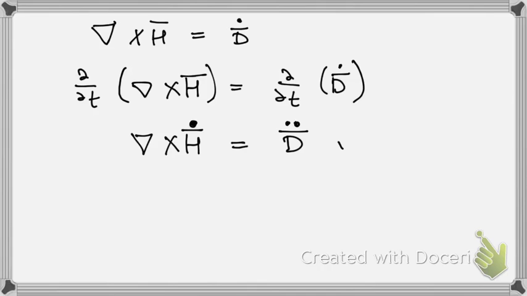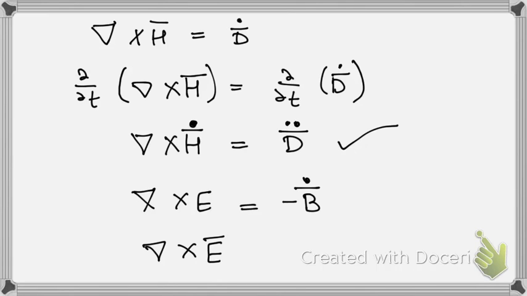This is one more important notation we are going to use. And similarly, del cross E is equal to minus B bar dot, and if I take the time derivative of both sides, then del cross E bar dot is equal to minus B bar double dot. This is one more equation we are going to use further. So with all these assumptions, let us start deriving the wave equations.